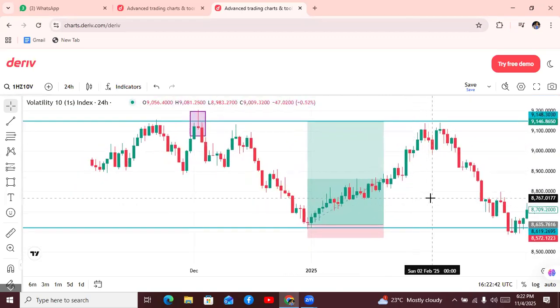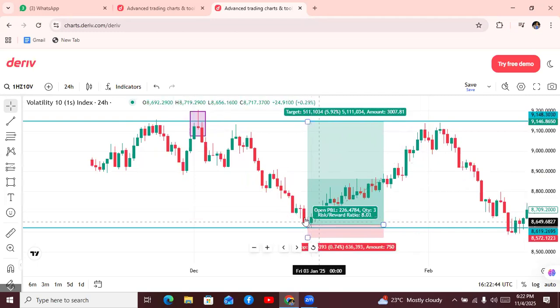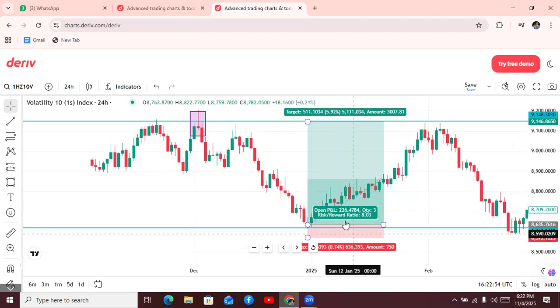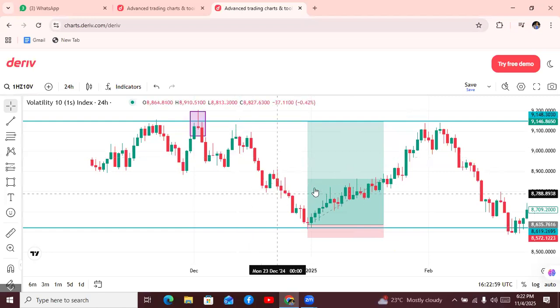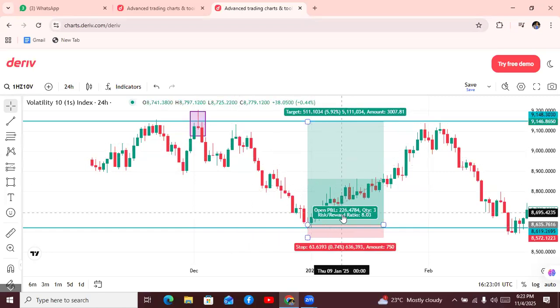What we are saying is that if the market does not respect this level and it breaks through, this is how much we can lose out of this trade. If the market moves in that direction, this is how much we can make.